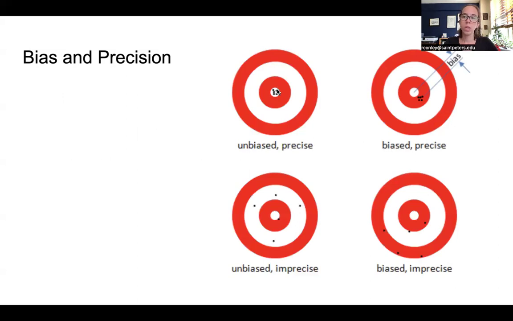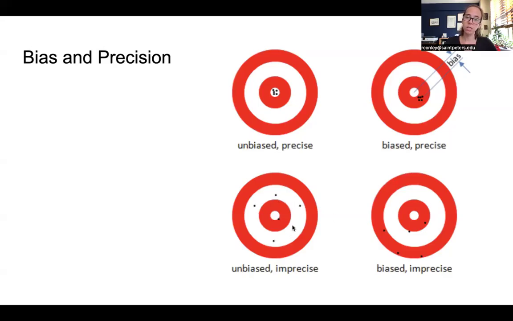So if we were shooting towards a target trying to hit the bullseye and all of our shots went right into the bullseye, then we would have an unbiased and precise shot. On the other hand, if all of our shots are close together, but they're all systematically to the lower right-hand side of the bullseye, then this is bias. It's still precise because the shots are close together, but there is a bias in our aim.